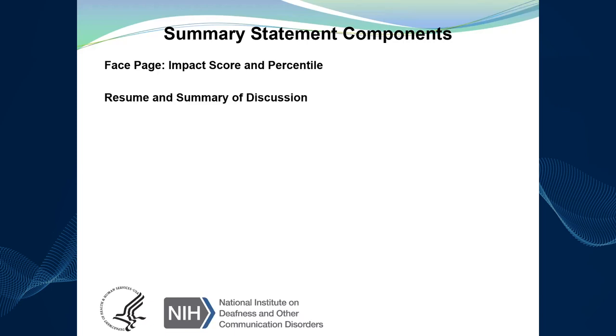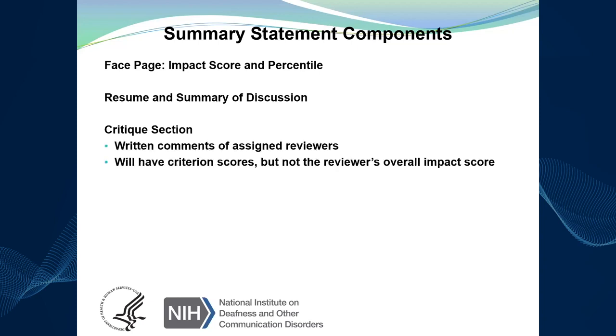If your application was discussed, there will be a resume and summary of discussion that was written by the SRO, and then a critique section, which is the written reviews of each of the assigned reviewers. They'll have the criterion scores, but not that overall impact score. That will be present on the face page.